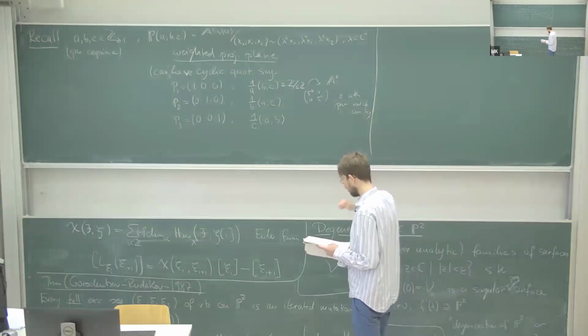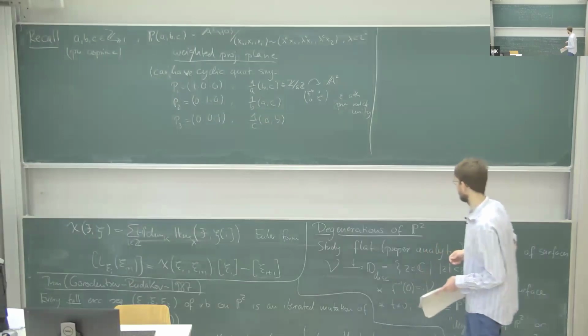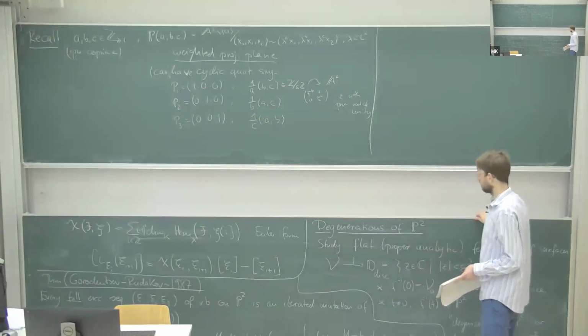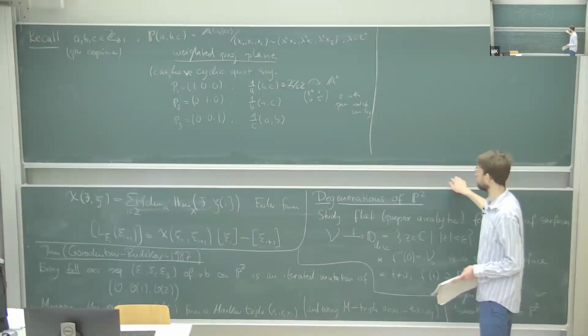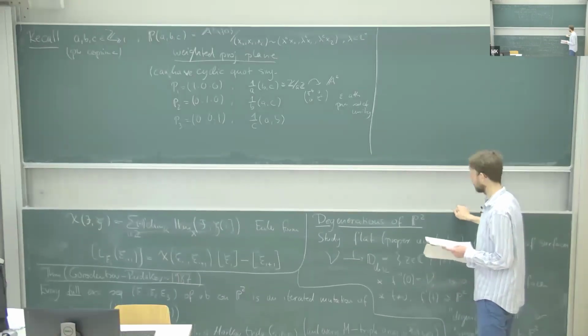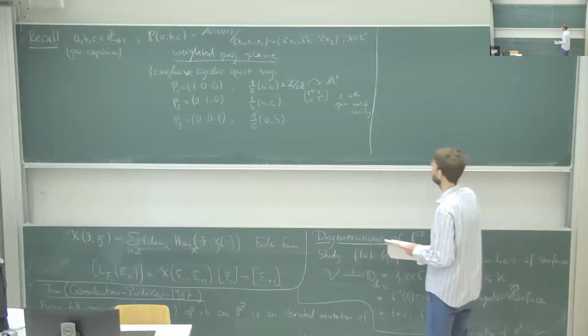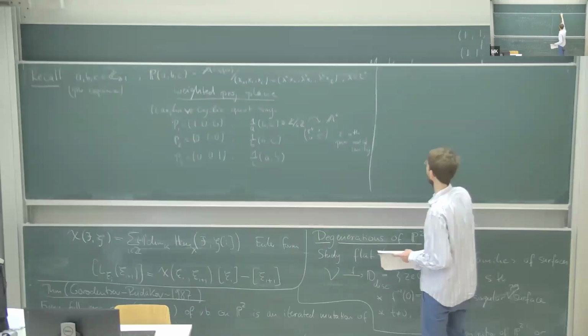And now the theorem that tells us how all of these degenerations of P2 look like is the following, due to Hacking and Prohorov.